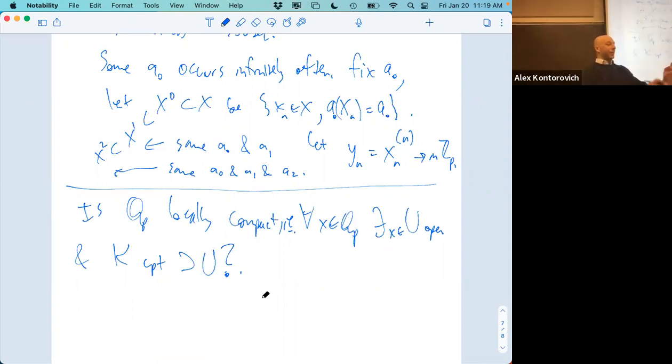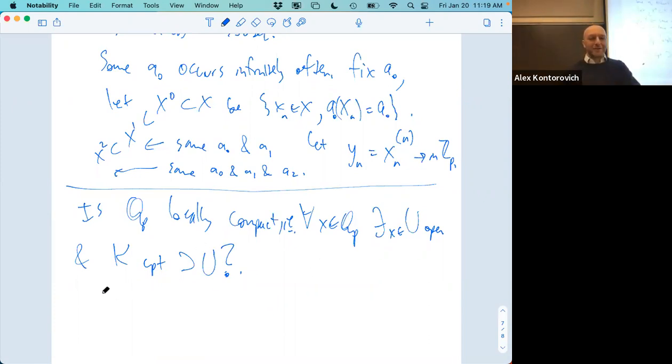I take a point, I take an open ball around that point, and then I take a square that contains that point. So how about here?